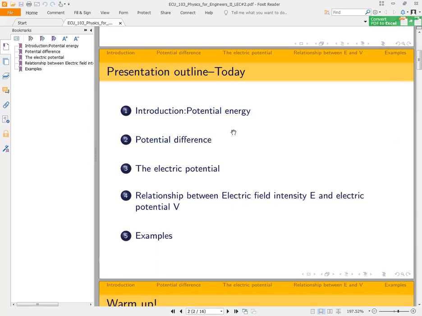Then we will also look at the connection between electric field intensity, given the symbol E, and electric potential, given the symbol V. Then we shall look at some numerical examples of how you can apply some of the expressions that we will meet in this lecture. After that I might give you some exercises.